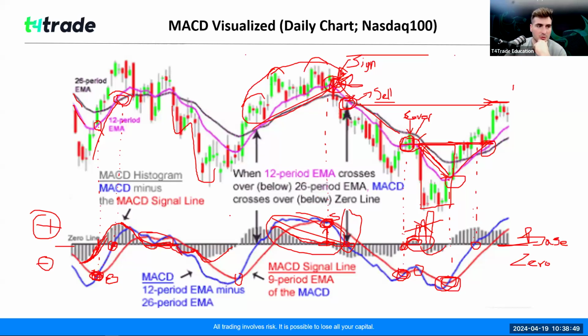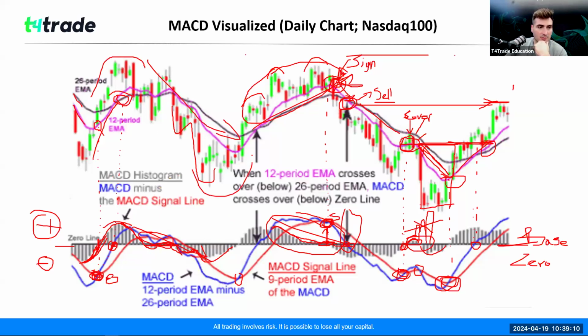Do we see any other sort of divergences here? I don't think so. You see MACD here, recording a high. From here onwards, you see them moving to lower ground. Price action does move on to lower ground, coincides.